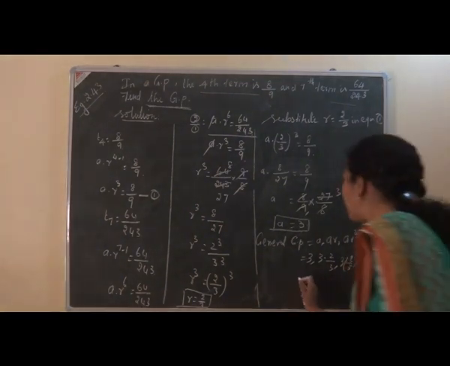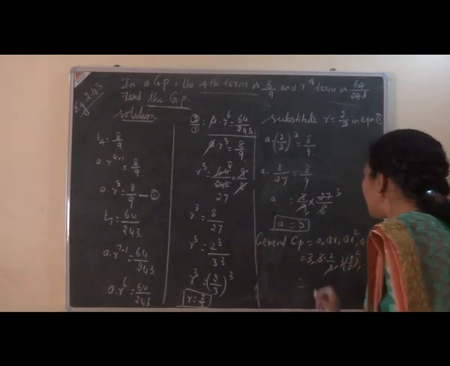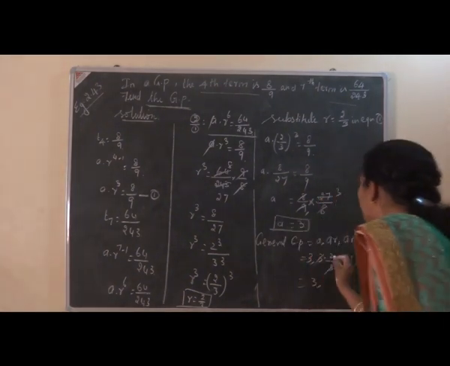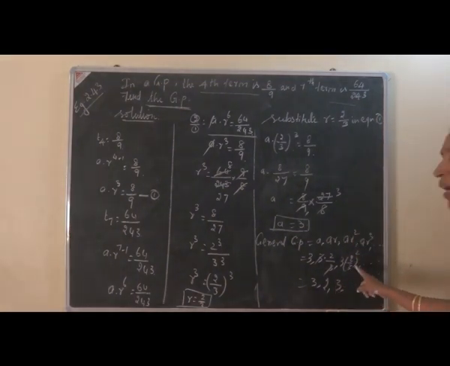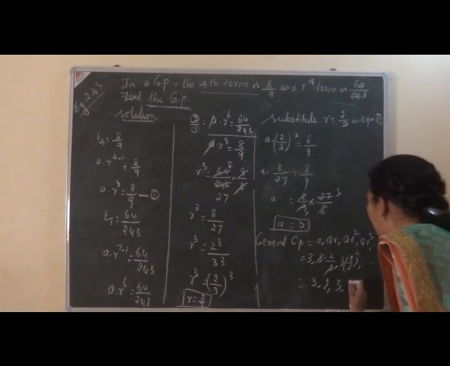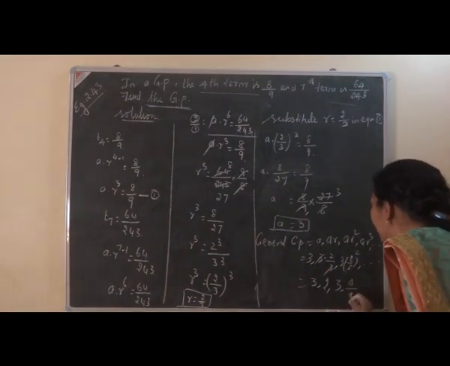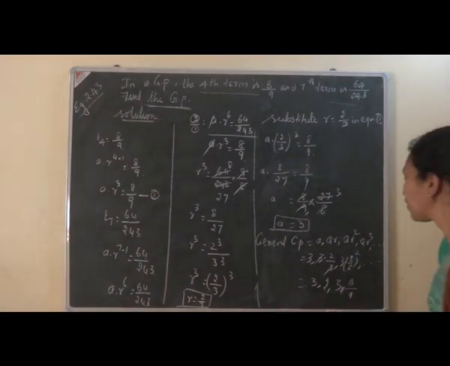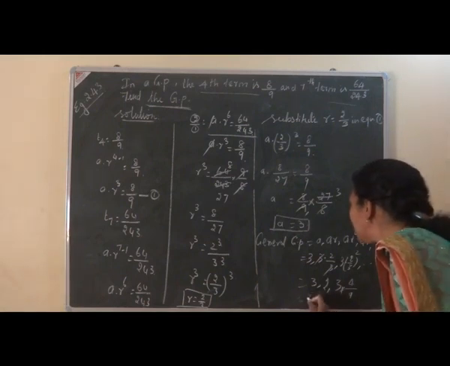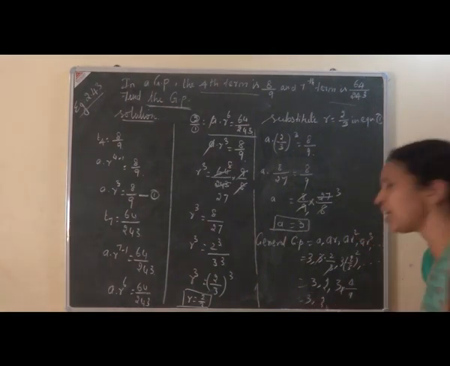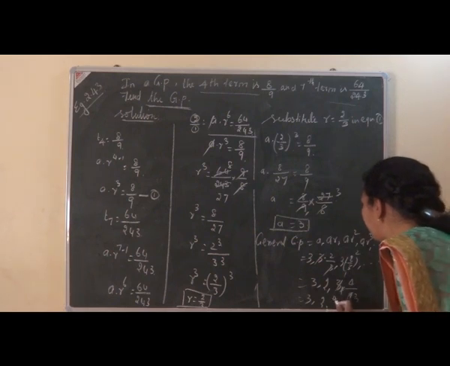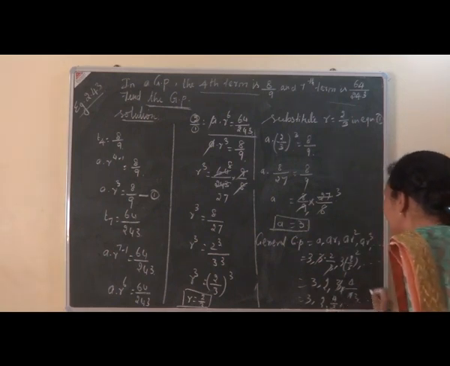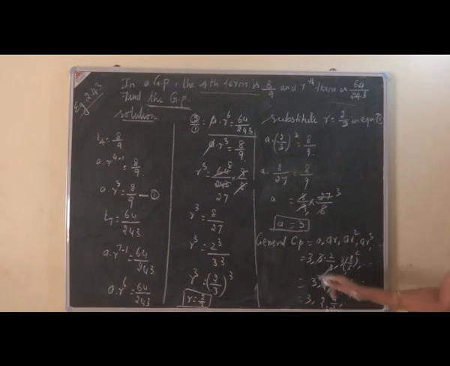So this is equal to 3 and 3 cancel. 3, comma, 2, comma, 2 square by 3 square. 2 square means 4, 3 square 9. So 3, comma, 2, comma, 3 into 4 by 9, 1 3 is 3, 3 3s are 9, so 4 by 3, etc. Do you understand, students?